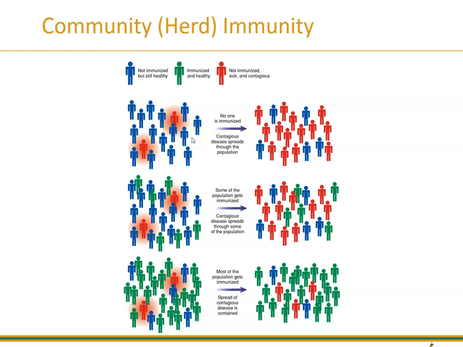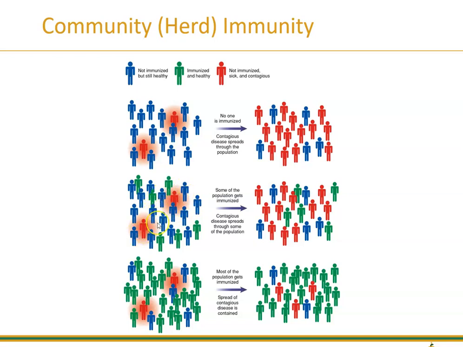If you look at the first one up here, no one is immunized. You can see the two non-immunized, sick, contagious, and you can see what happens in time. Because of not having immunization, the majority of the people will end up becoming contagious and spread the disease through the population. If we look at the second one, some of the population gets immunized.